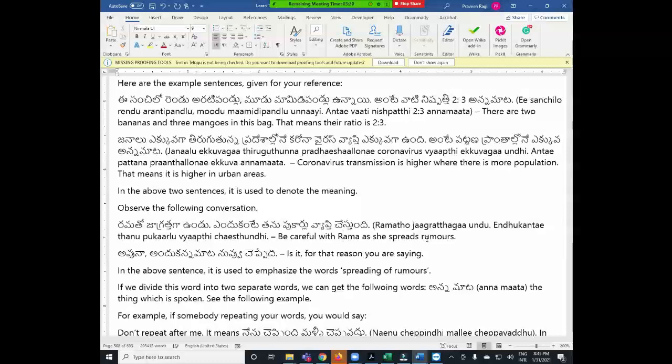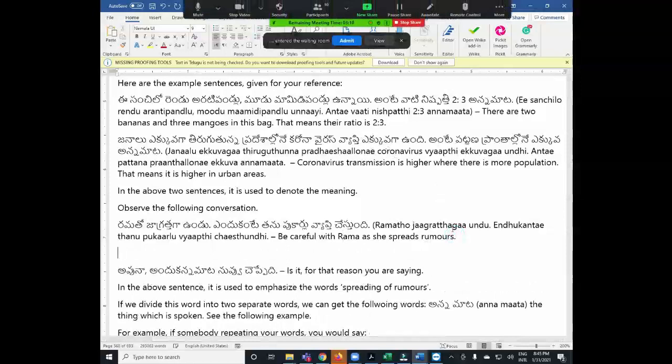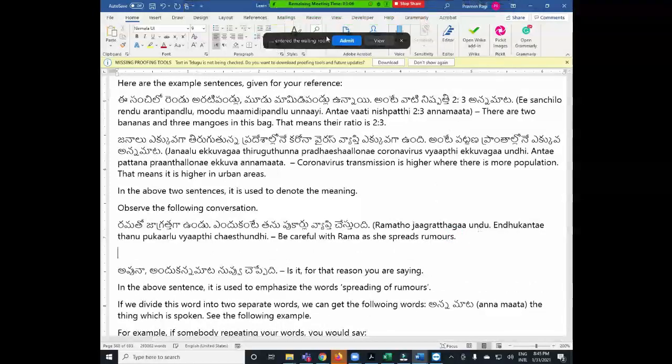So we did not use it like that, we can say వ్యాపిస్తుంది. I will write here. It spreads means ఇది వ్యాపిస్తుంది.